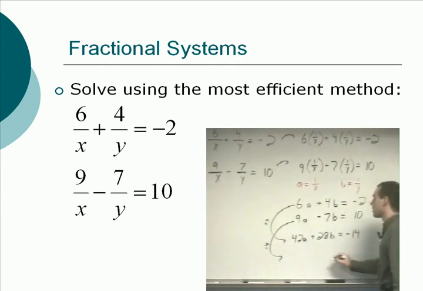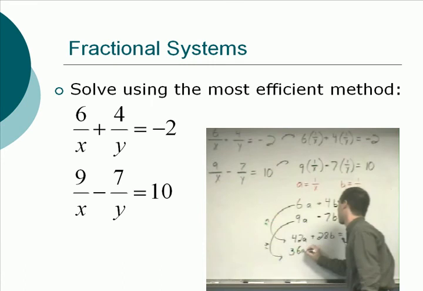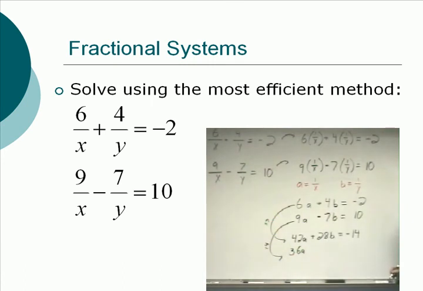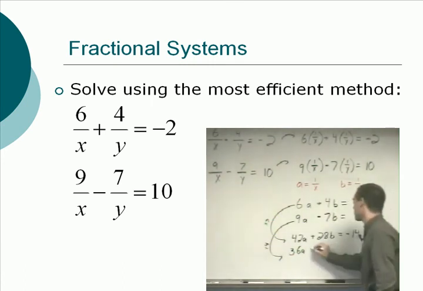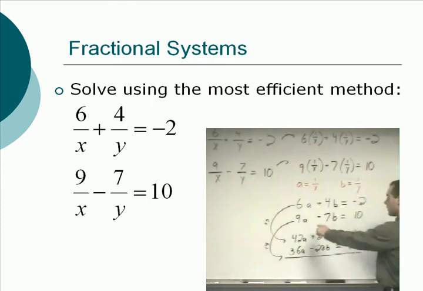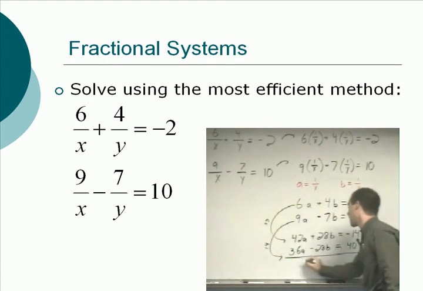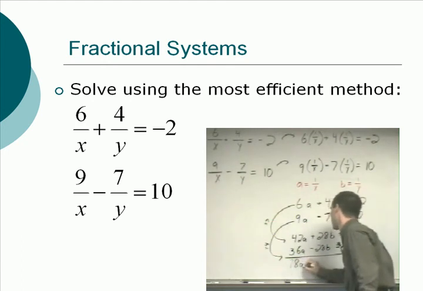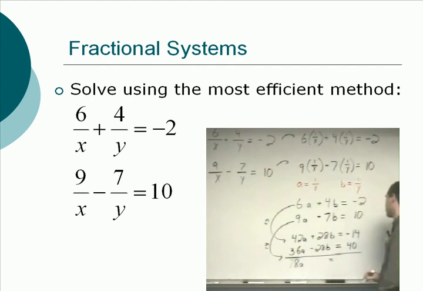And let's multiply the bottom equation here by 4. And we get 36a minus 28b equals 40. Now let's add those up. 42a and 36a is 78a. The b's are gone, equals 26. 78a equals 26.